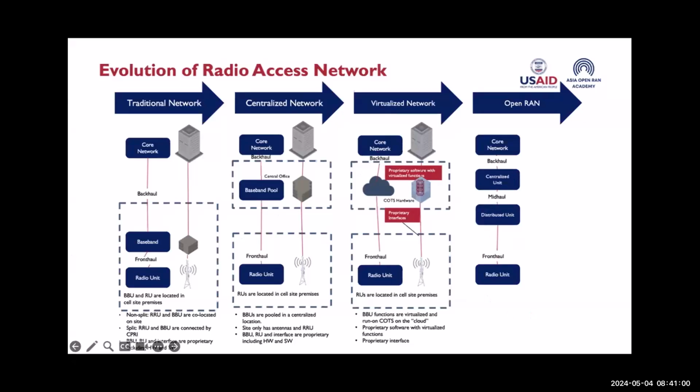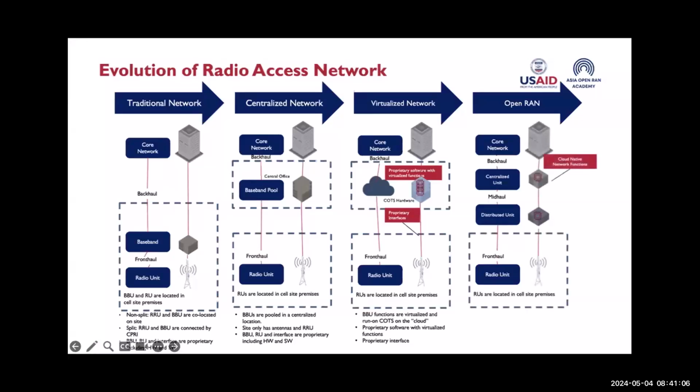So overall, the evolution of the RAN architecture has been driven by the need for more flexible, scalable, and cost-effective solutions to support the growing demand of the mobile data services. So these are the main milestones in the evolution of the radio access network.